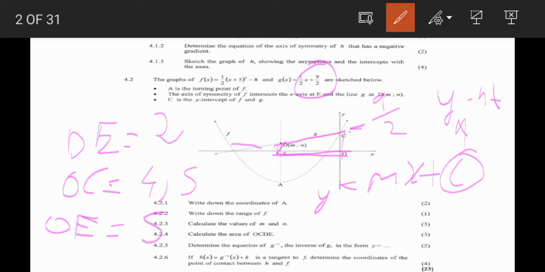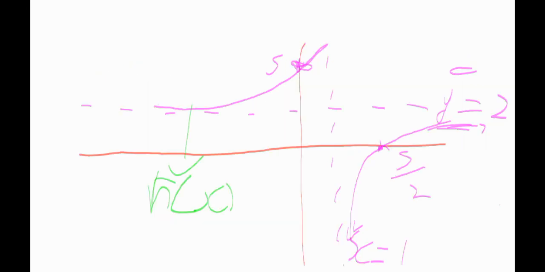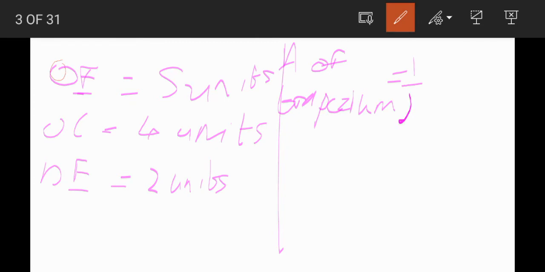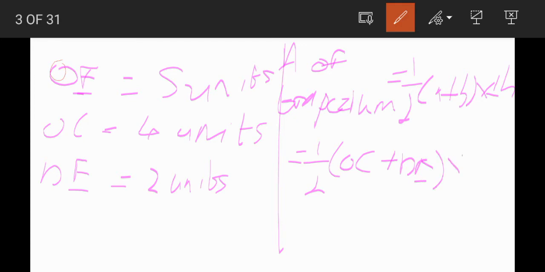Now if you still remember, to calculate the area of the trapezium, you just need half times (A plus B) times your perpendicular height, right? One side I can have OC, another side DE, and my perpendicular height becomes OE.